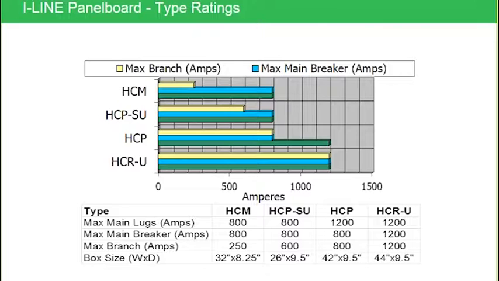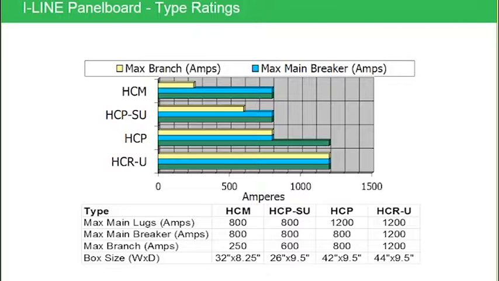The breakers are only mounted on one side of the bus stack, and what that typically does, with both column width and this HCP-SU, is it minimizes the width of that enclosure. If you look at the table down at the bottom of this page, the HCP-SU is only 26 inches wide.